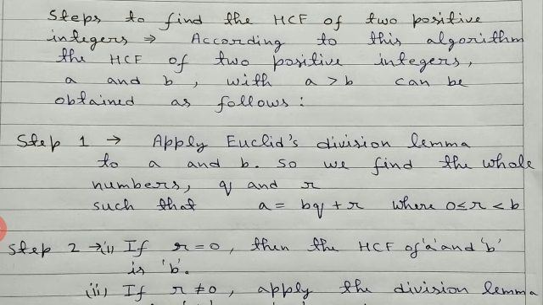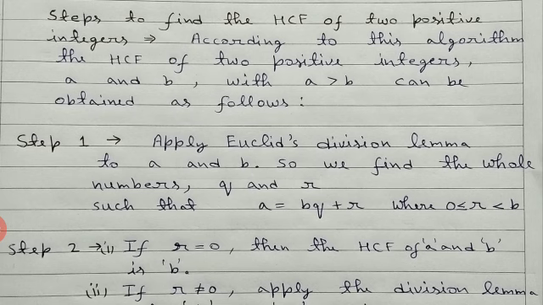Now we will understand how to find the highest common factor with the help of Euclid's division lemma. According to this algorithm, the highest common factor of two positive integers a and b, with a greater than b, can be obtained as follows.